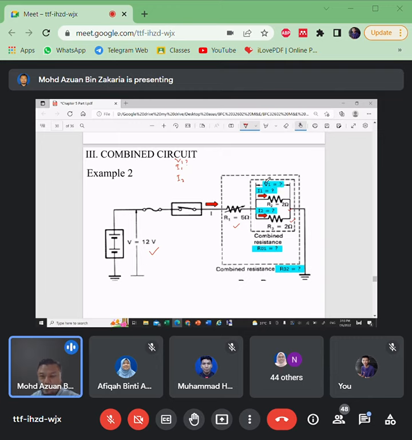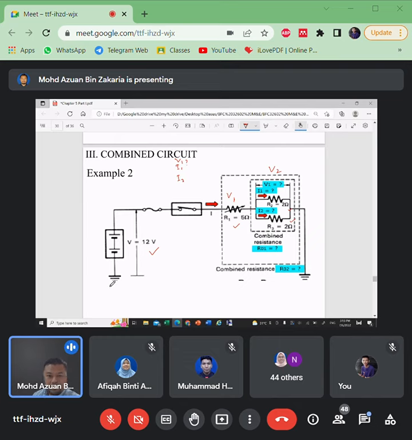This parallel and this one are connected in series. That's why here has V1 and here is V2. The parallel has its own V. That is quite tricky. You need to be able to identify these things.